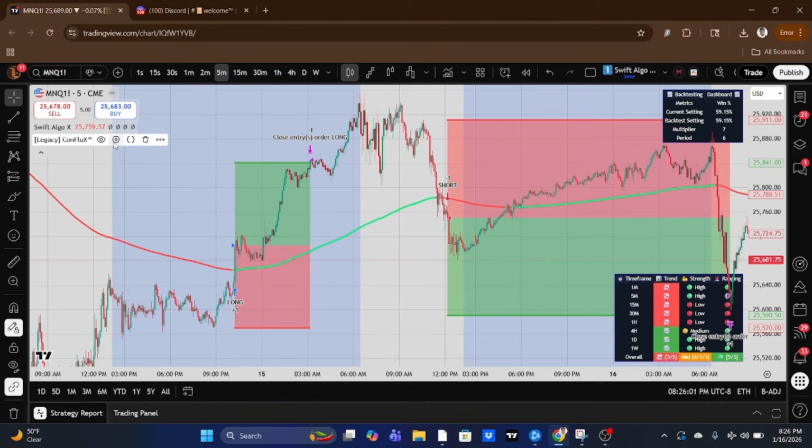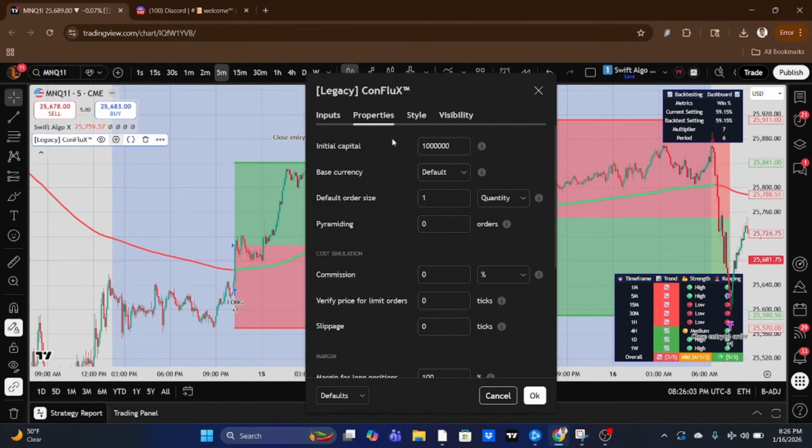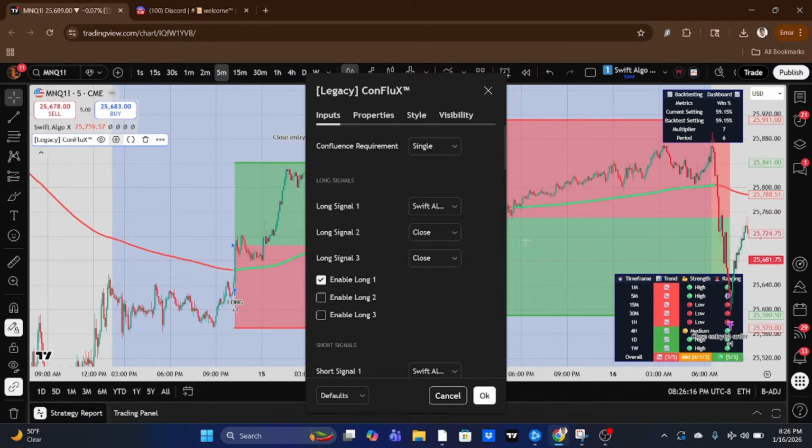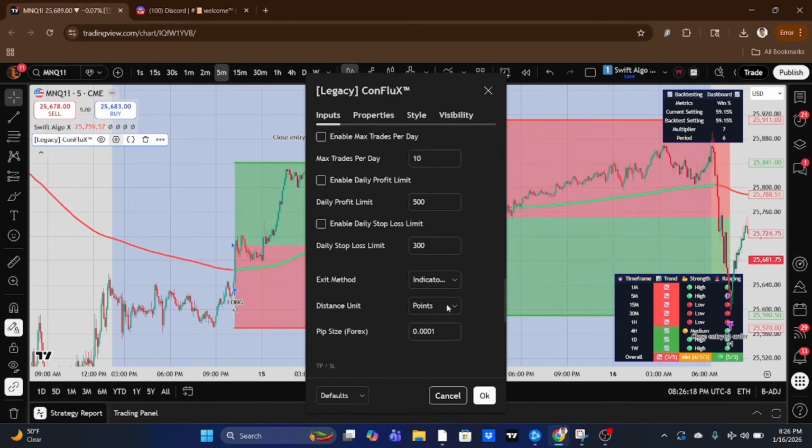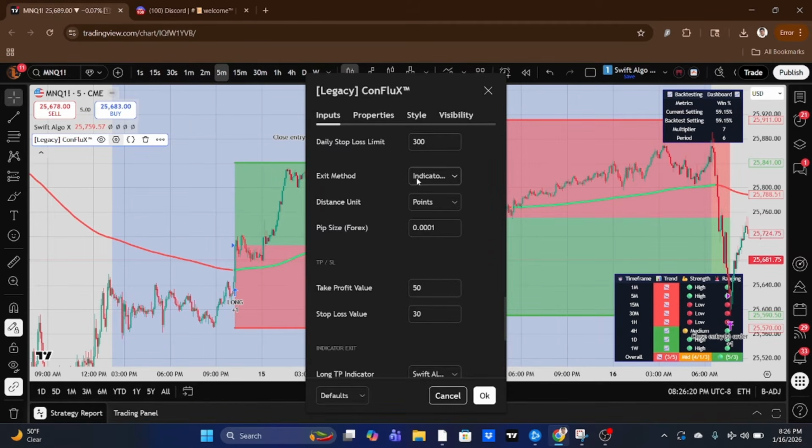Third benefit, you can just adjust the precision sizing within the settings tab instead of on third-party platforms such as TradersPost. I'm not sure if that actually makes a difference to you, but that's just an additional benefit. And also, you do have the option to change this exit method.